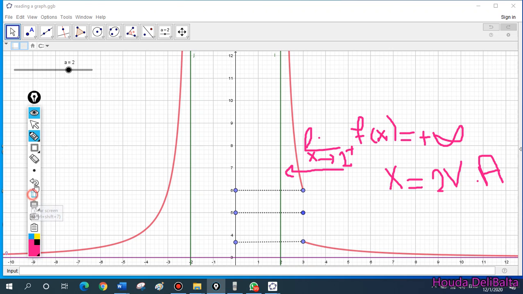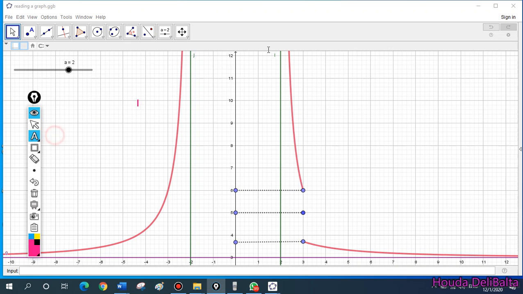So we have, let's write it. There are two vertical asymptotes.